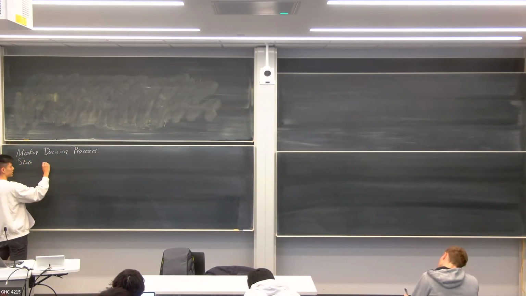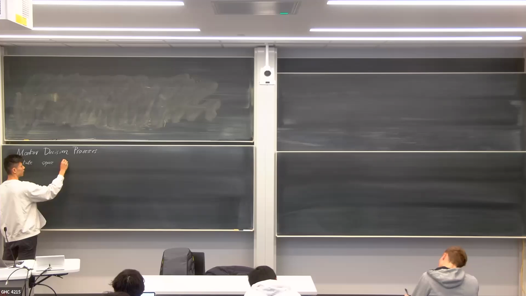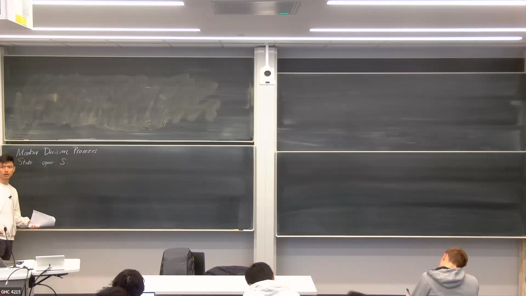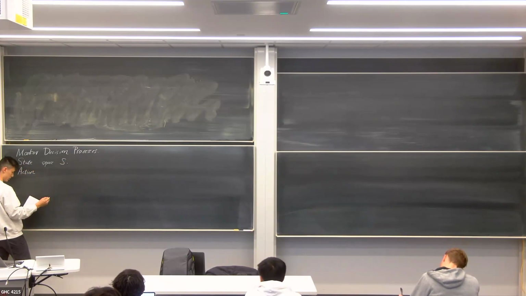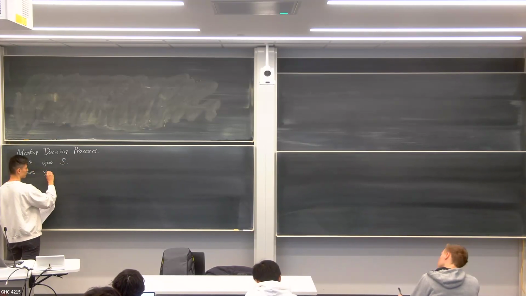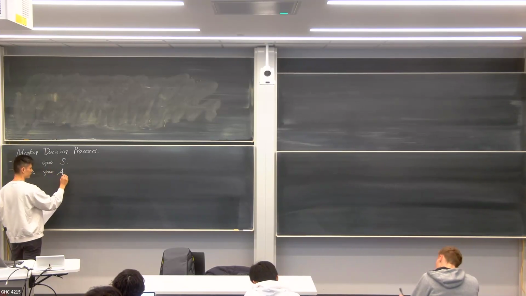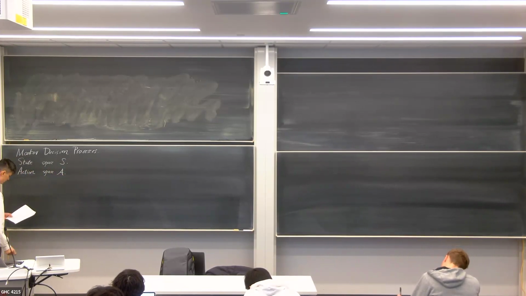So there's a state space S, basically where you are in the map. You're solving a decision-making problem, so there's action. You have reward function.